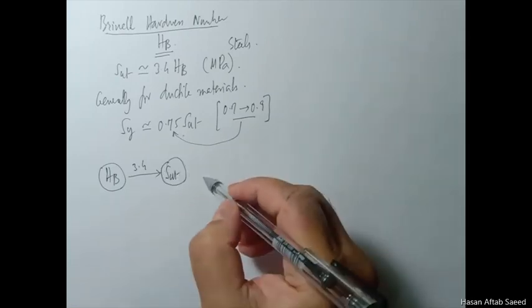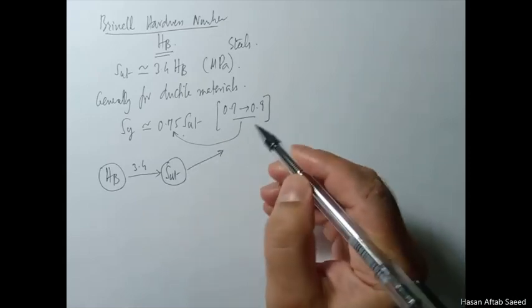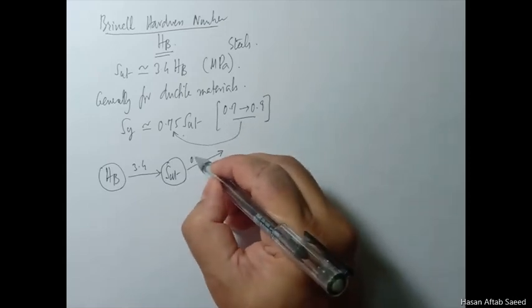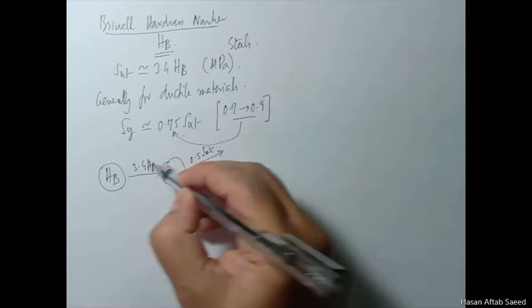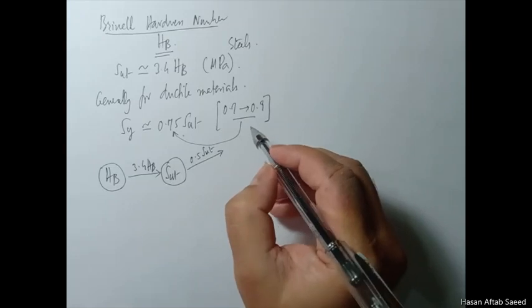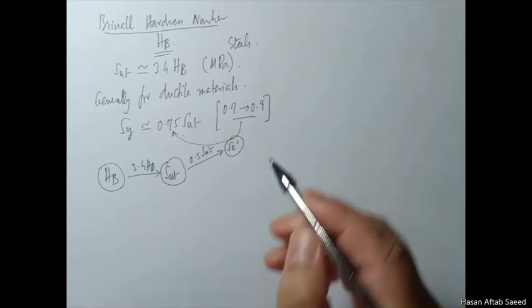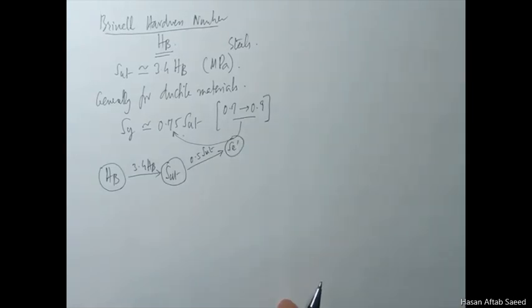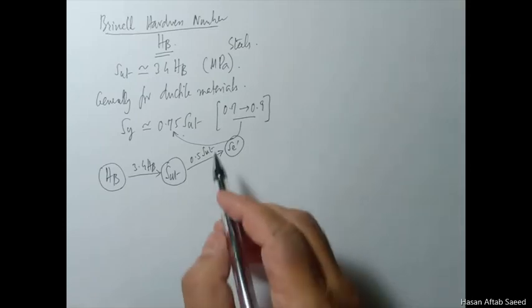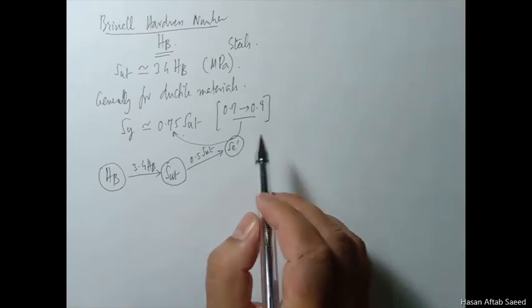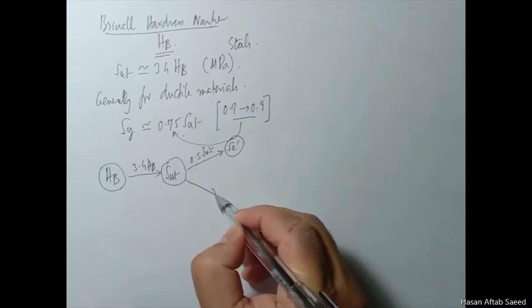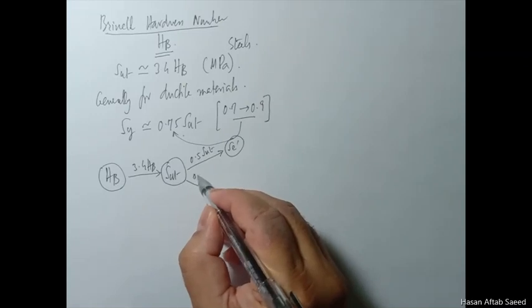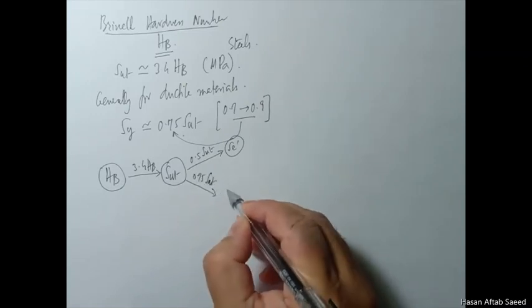If you know the ultimate tensile strength, we have already seen, you multiply it by 0.5 to get SE prime. And in other cases, obviously for very high, more than 1400, it's 700. Additionally, if you know the SUT, you multiply 0.75 with SUT and you get the yield strength.